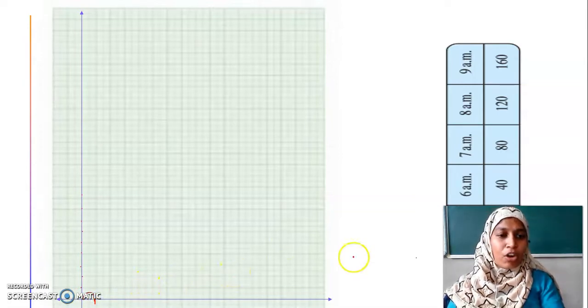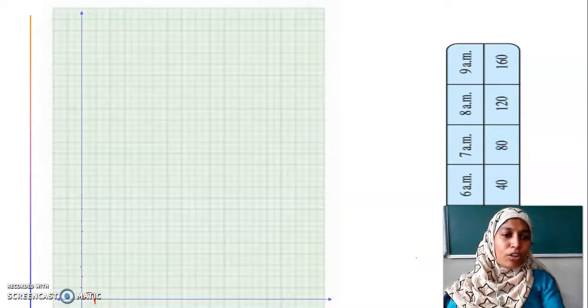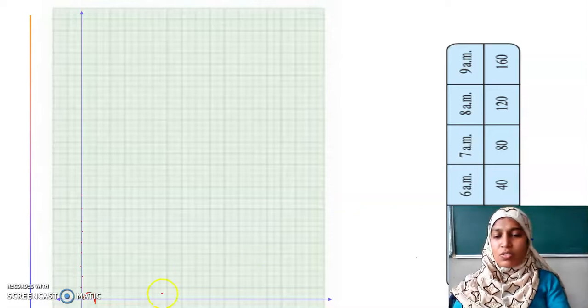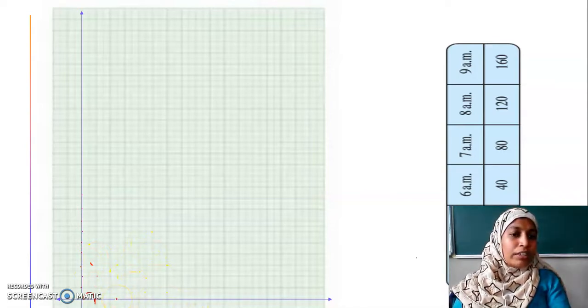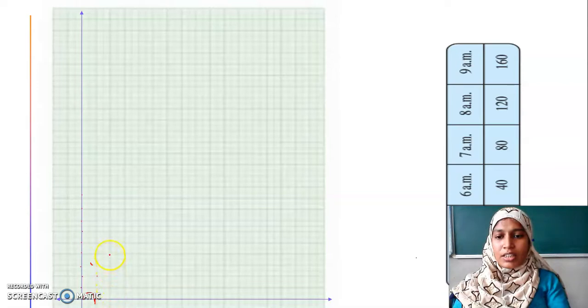Then start plotting the points. How to plot the points? What is there for 6 a.m.? It is 40. For 6 a.m. it is 40. So here you will get the first point. I will just mark 1, 2, 3 because I couldn't write using this mouse. Then for 7 a.m. it is 80.